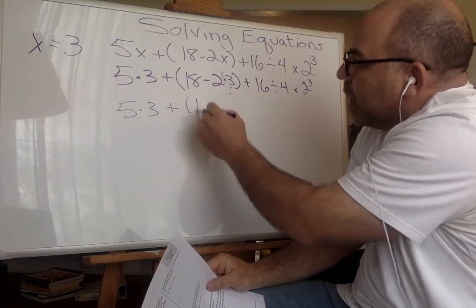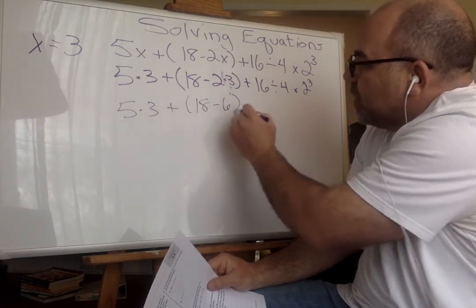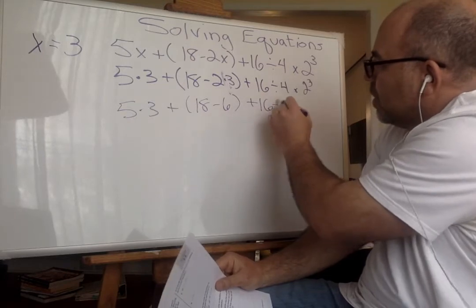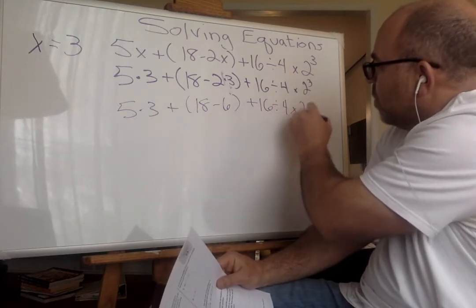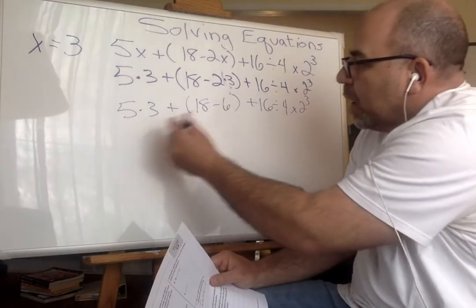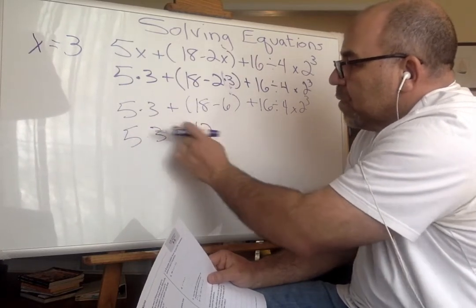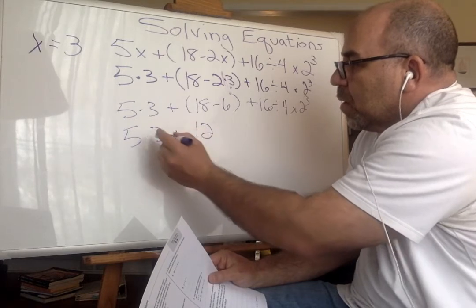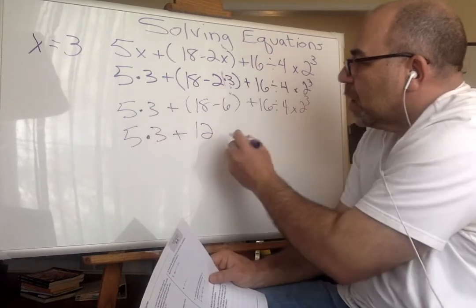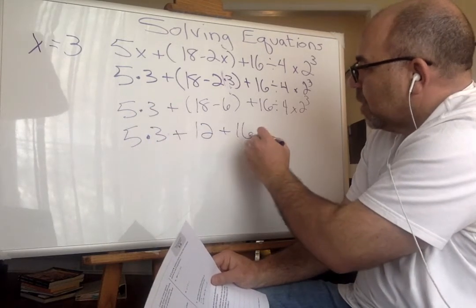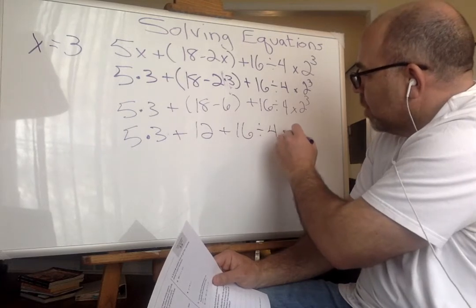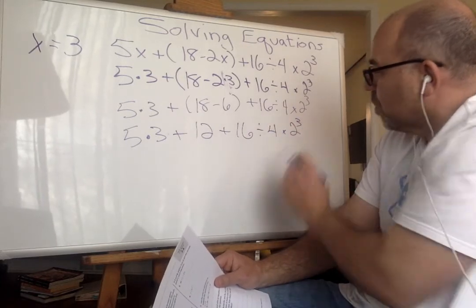So it's going to be 18 minus 6 plus 16 divided by 4 times 2 to the third. 18 minus 6 is 12. Plus 16 divided by 4 times 2 to the third.